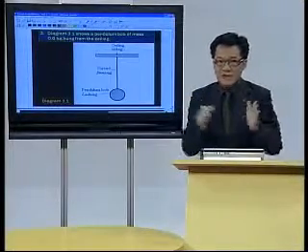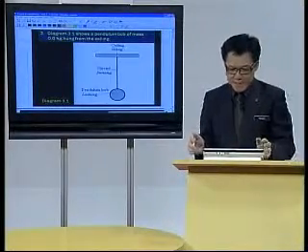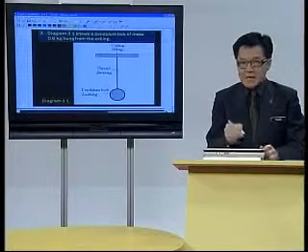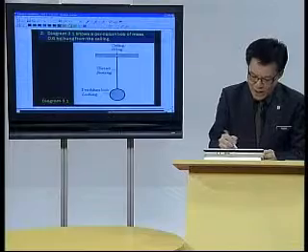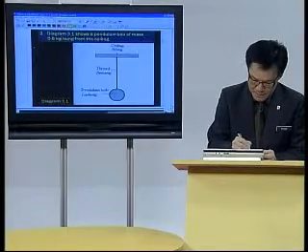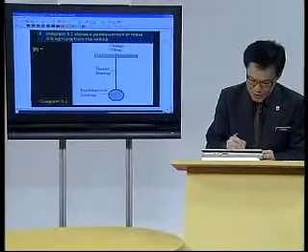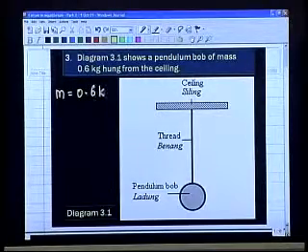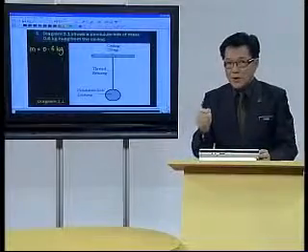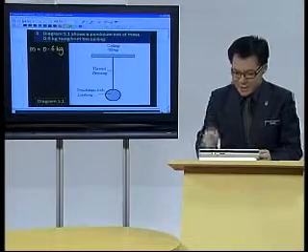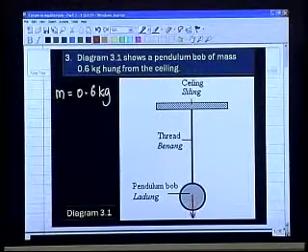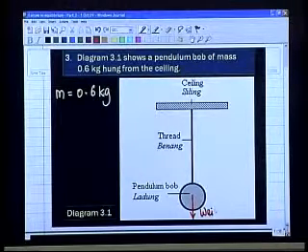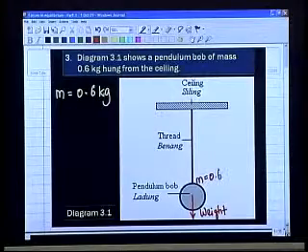A few things to note even as we start out on this question. We are given the mass of the bob as 0.6 kilograms. So I will write it down. Mass equals 0.6 kg. So I would like to know what is its weight. Because if you look at this bob, there is a weight. Its mass is 0.6 kg.